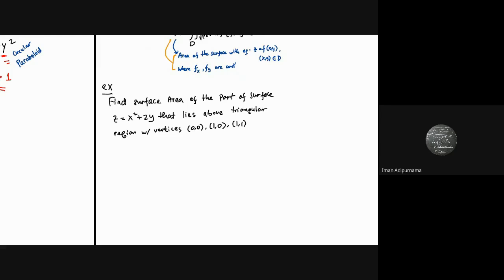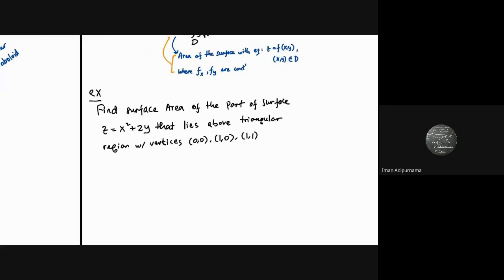Okay, now we have this question. The function is z equal x squared plus 2y. So this is the surface that is above a triangular region with these coordinates. The idea first is to draw the region in the xy plane.